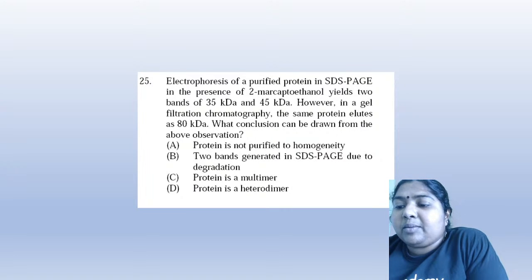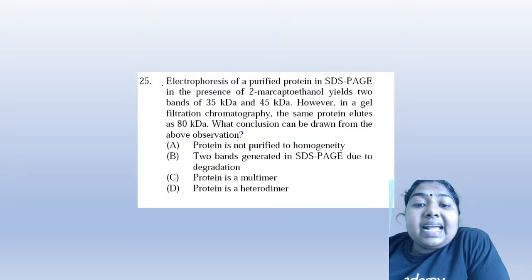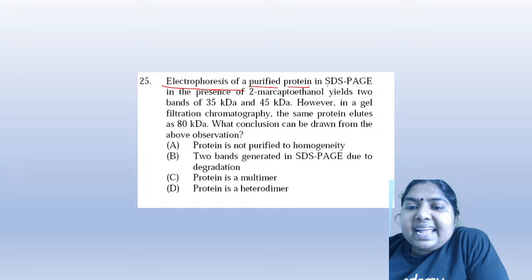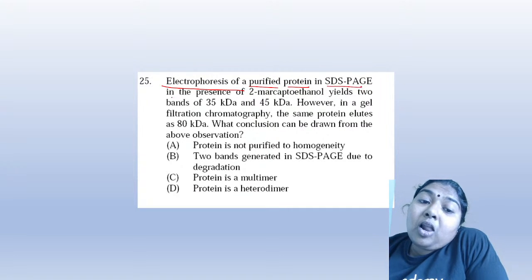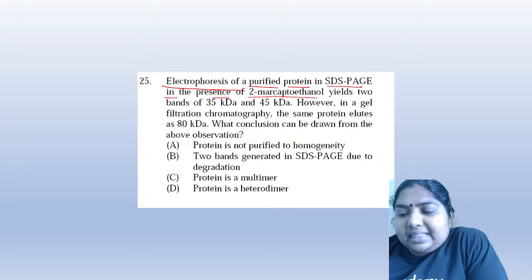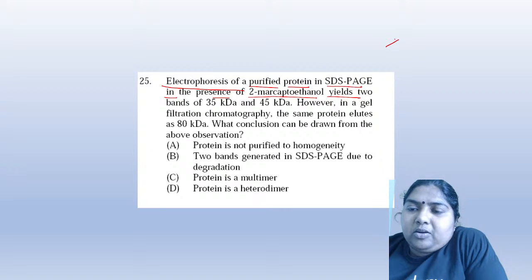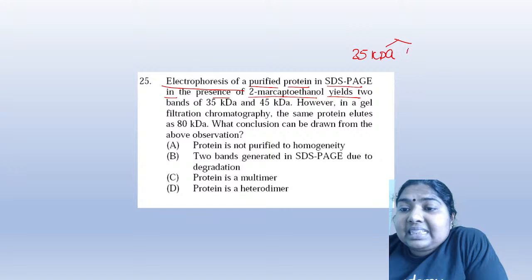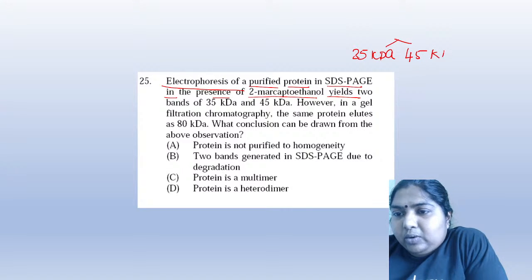Okay, so let's make a move towards the next question. The electrophoresis of a purified protein in SDS along with the presence of 2-mercaptoethanol is going to yield two bands, one of 35 kilodalton and the other of 45 kilodalton.